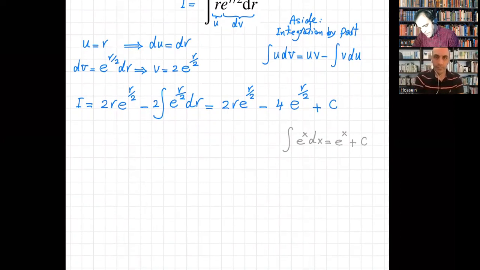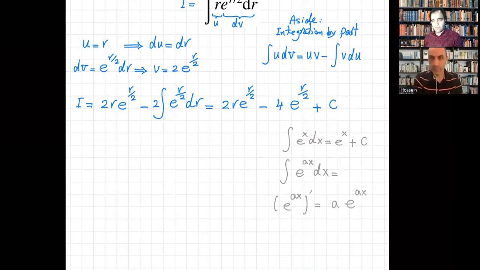And when we have a coefficient, for example e to the power of ax dx, where a is a constant, then we know that the derivative of e to the power of ax with respect to x is a e to the power of ax, correct?